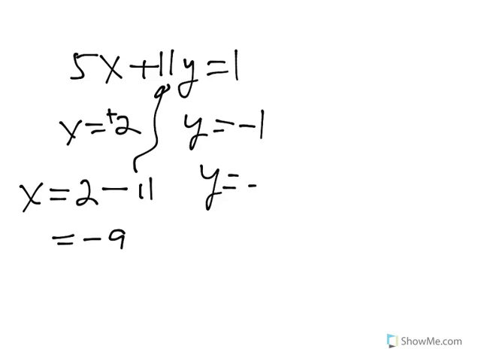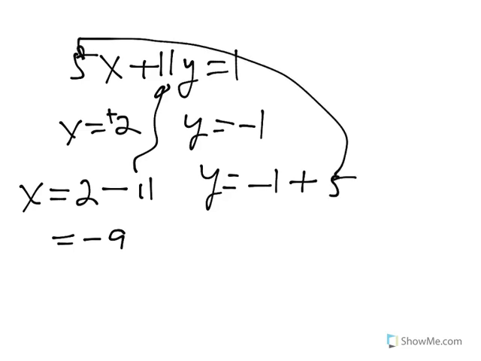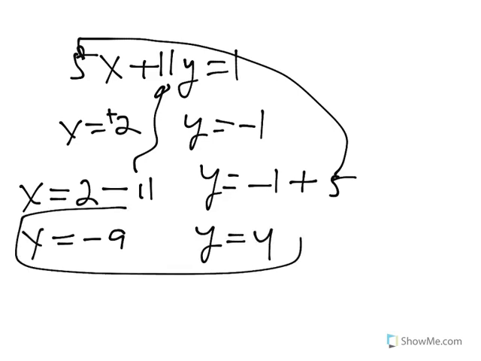And for the negative answer, I'm going to add the other coefficient, which is the 5. That's a short way of getting the other answers. So we started with an answer with x positive and y negative, and we ended up with an answer where x is negative and y is positive.